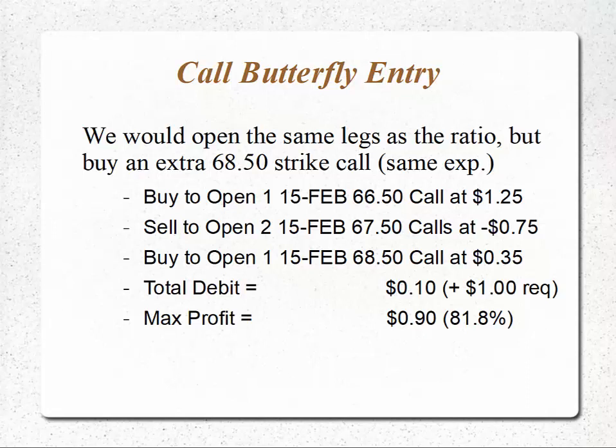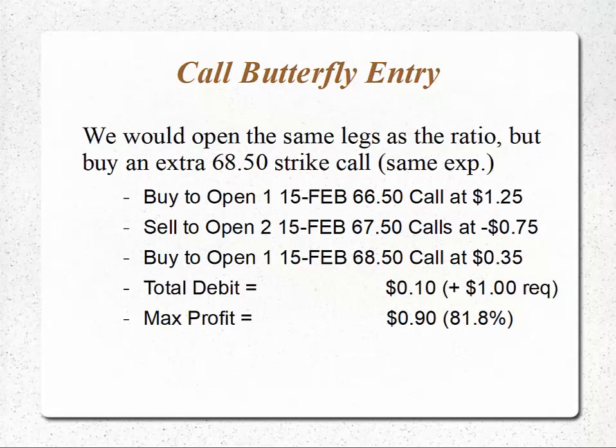Now instead of a credit, I'm in a debit of 10 cents to pay. Plus, this 67.50 to 68.50 spread is a bear call spread. It's part of the wings of the butterfly, but it is a bear call spread, so my broker may require me to put up an extra dollar to cover the margin of that portion of the spread.